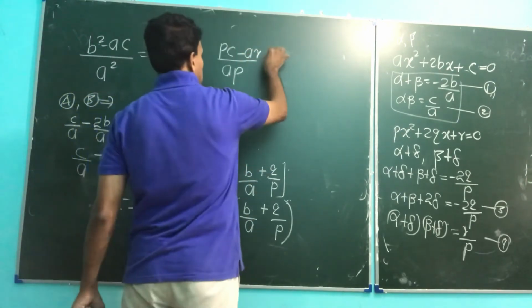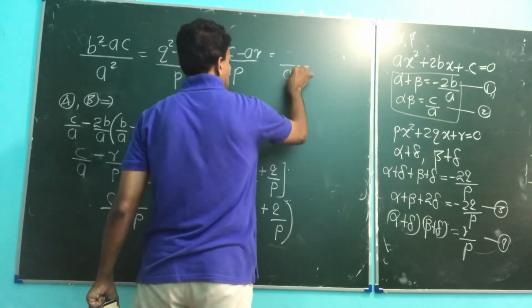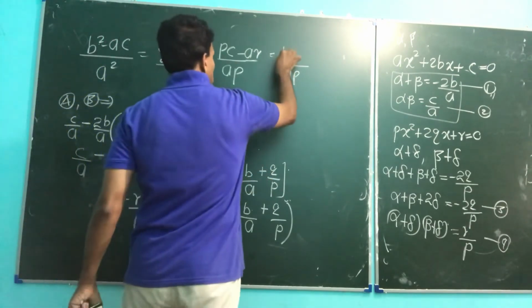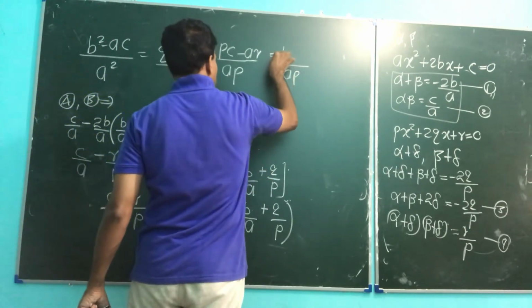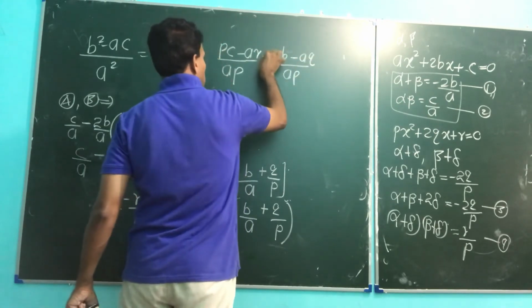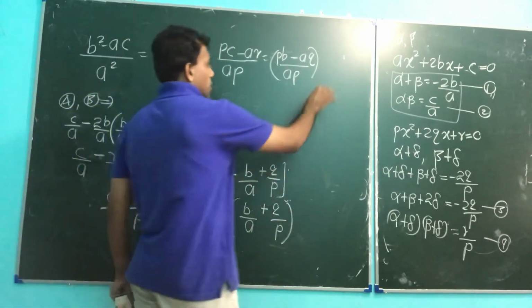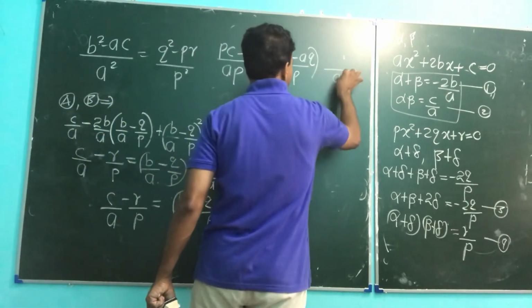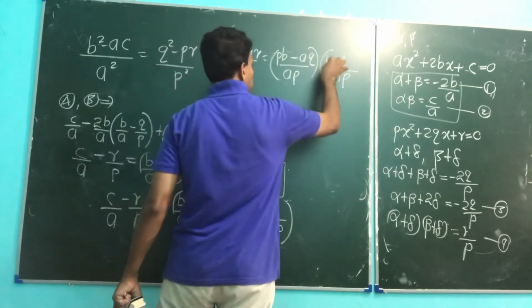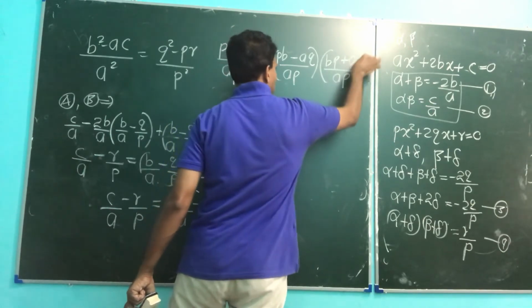On the other side, the LCM is AP, and simplify the bracket: PB minus AQ. The other bracket, the LCM is AP: BP plus AQ.